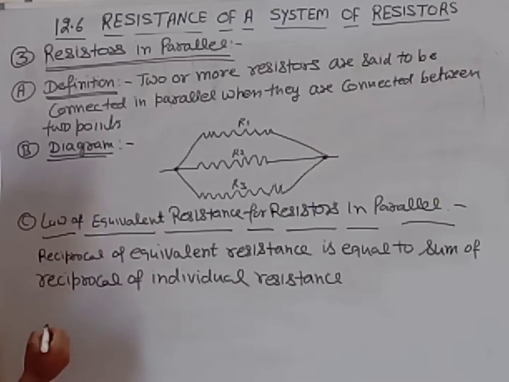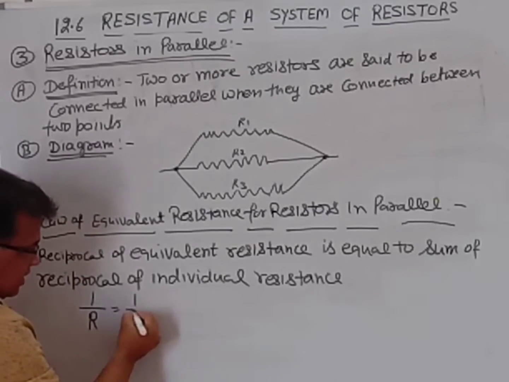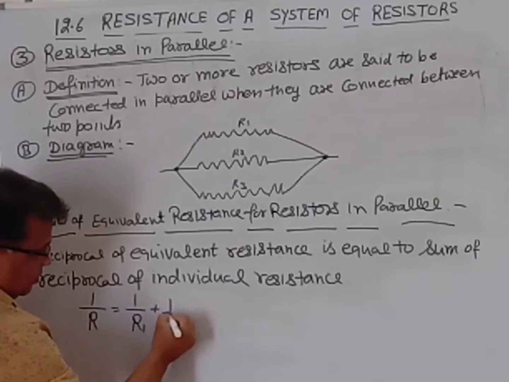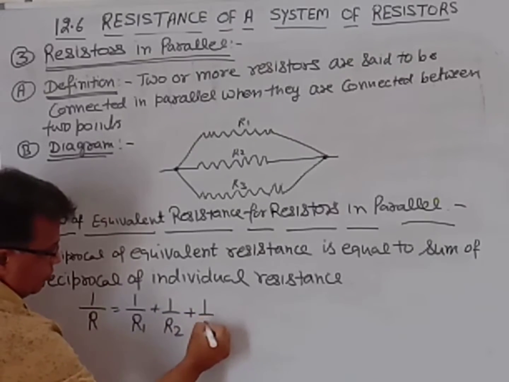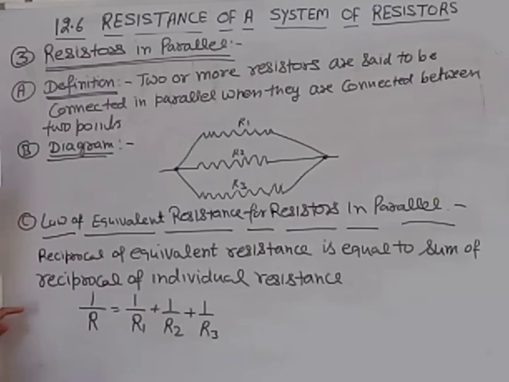If R is the total resistance, that is the resistance of the whole circuit, then reciprocal means 1 by R. The reciprocal of equivalent resistance is equal to the sum of the reciprocals of individual resistances, and so on. So 1 by R is equal to 1 by R1 plus 1 by R2 plus 1 by R3. We can also explain it by an example.